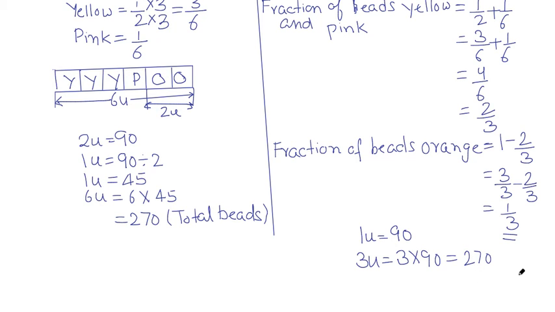So you can see here, whether you use method 1 or method 2, we get the same answer. One thing you might be thinking is why in method 1 the total number of beads is 6 units, however in this case it is 3 units.